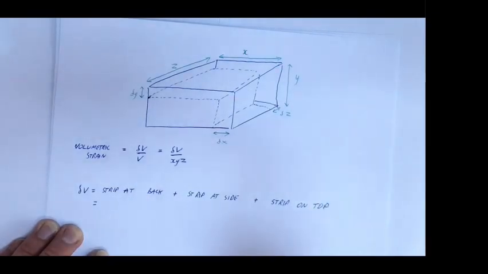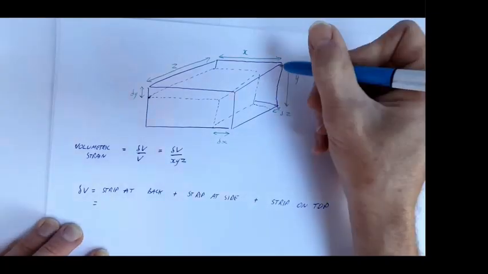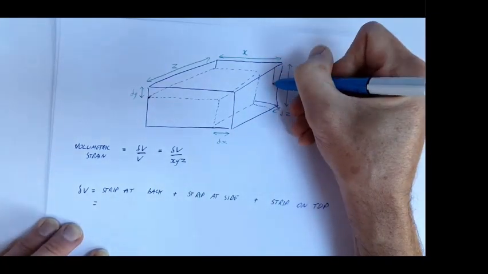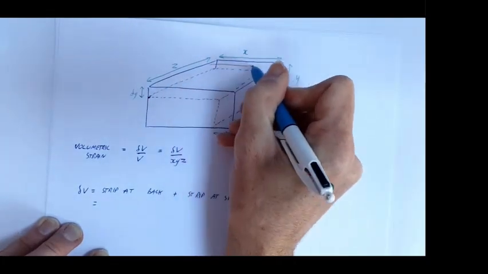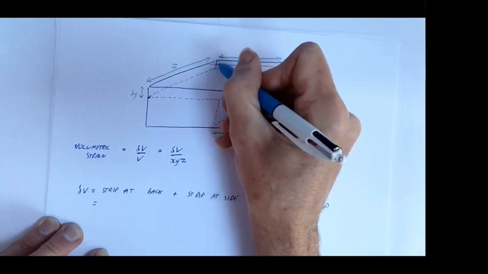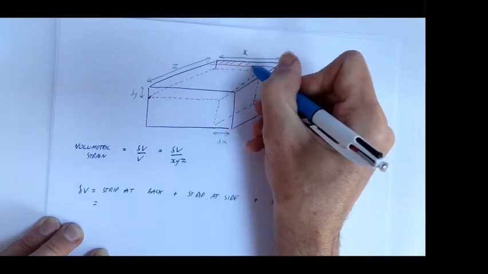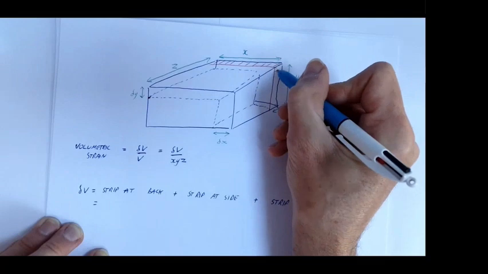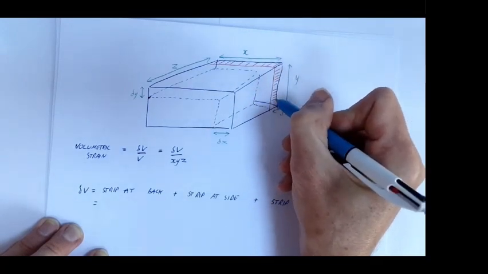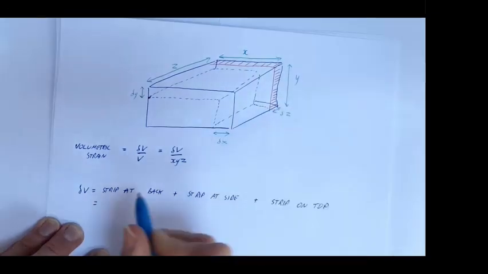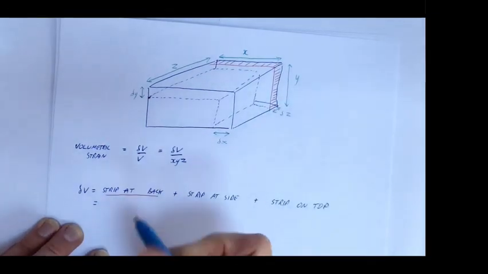The strip at the back. Well, let me try and draw that one here. So we've got the strip at the back, going to be this bit here, isn't it? This red section here, caused by the fact that it has got smaller by this distance, delta z. Okay, so that's the strip at the back.